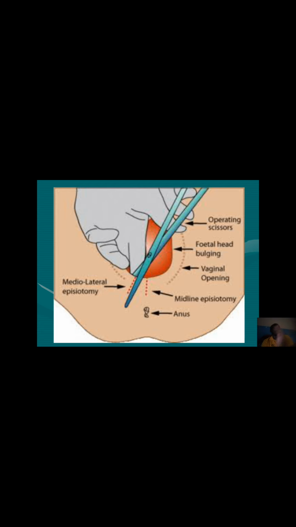Some books classify lateral episiotomy as medial lateral episiotomy. The procedure done even in our settings is medial lateral episiotomy, and you will see when you go to the clinical setting, this is what is done. But the midline episiotomy is not done because it can accelerate the separation of the perineal muscles, since it is perpendicular to the muscles of the perineum.